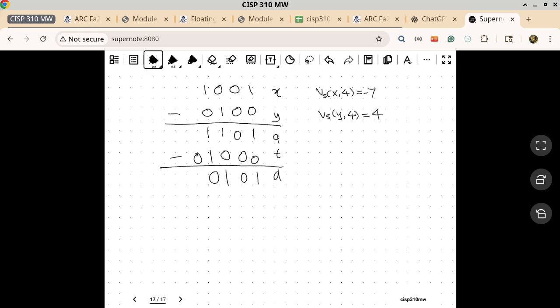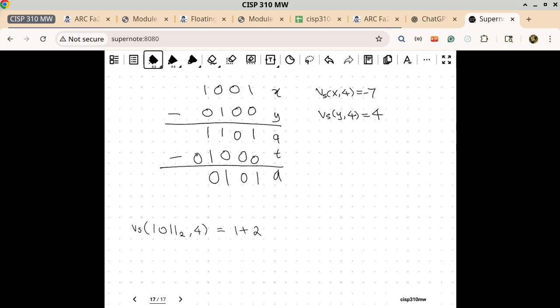That is correct. It works for all cases. Okay. So this would be, you are correct.